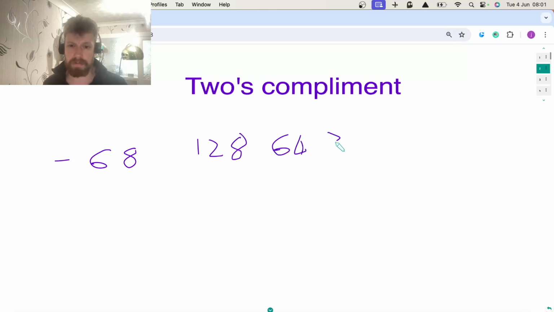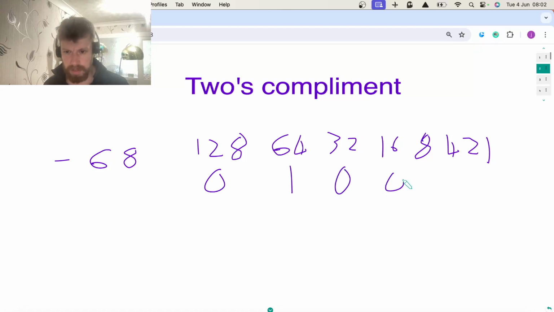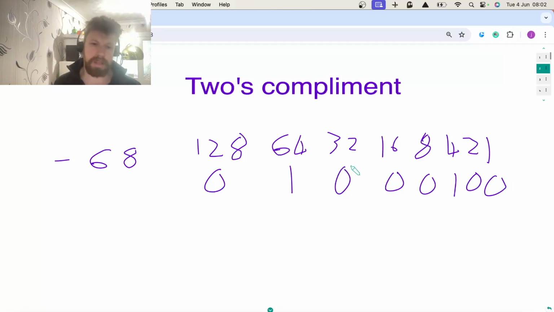So write all your numbers down. That's step 1: 8, 4, 2, 1. Then you convert it into a normal binary number, so that's going to be 0 1 0 0 0 1 0 0. So that's 68 as a positive number.